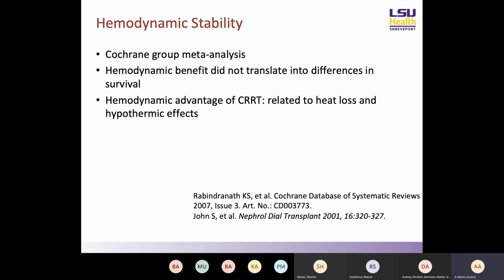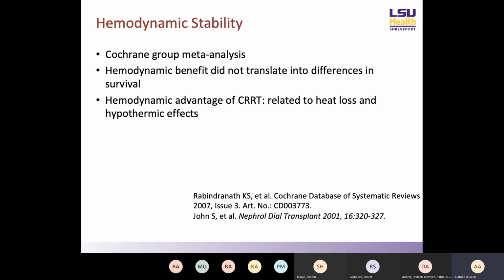Okay, so now I'm going to switch gears and focus a little bit more on the topic of intermittent hemo versus CRRT and what the literature shows on that. There has been a Cochrane meta-analysis looking at this, and they did find that there was more of a hemodynamic benefit to patients on CRRT.